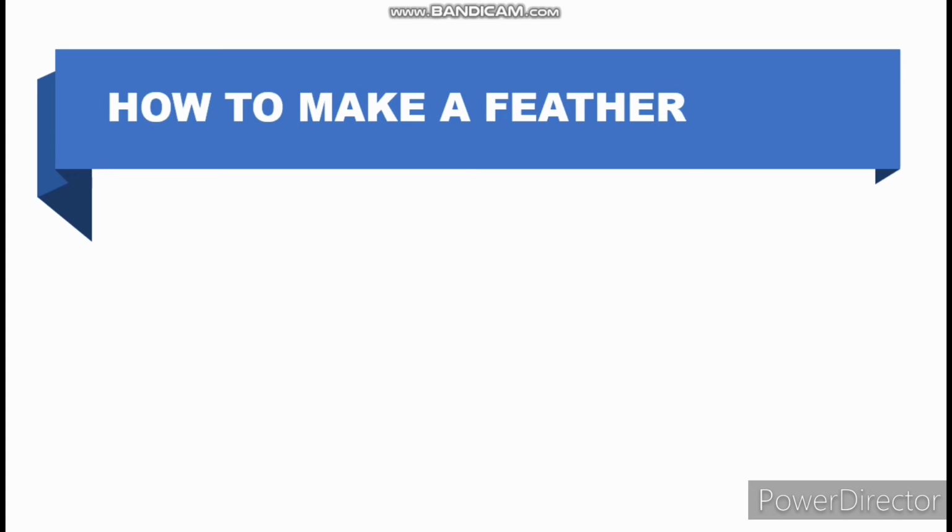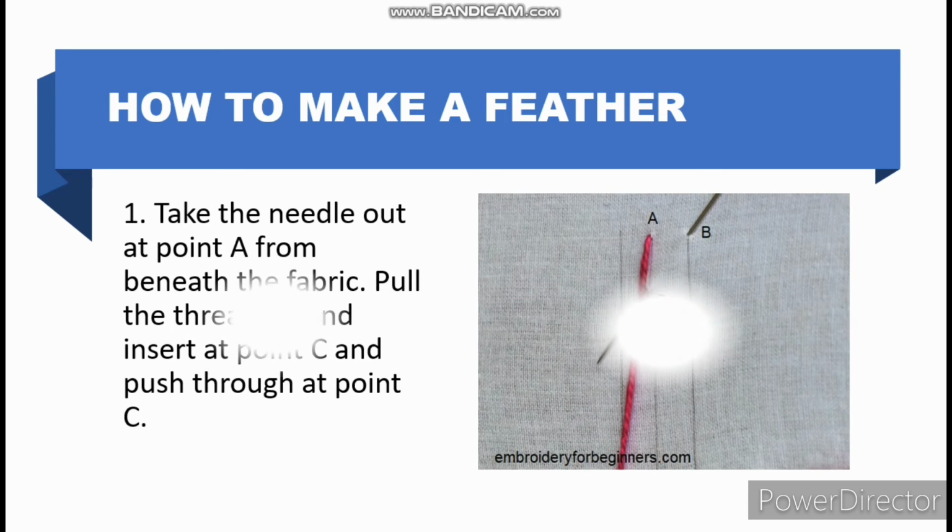How to make feather stitches. 1. Please, I want you to take a close look at the diagram. That is what will guide us as we practice it at home. Take the needle out at point A from below the fabric.